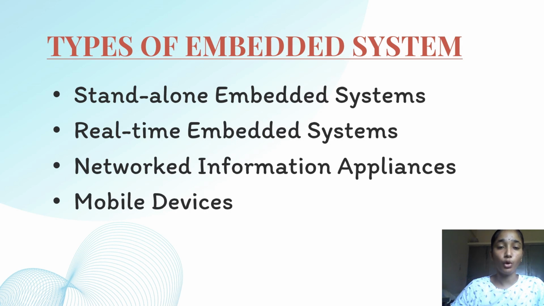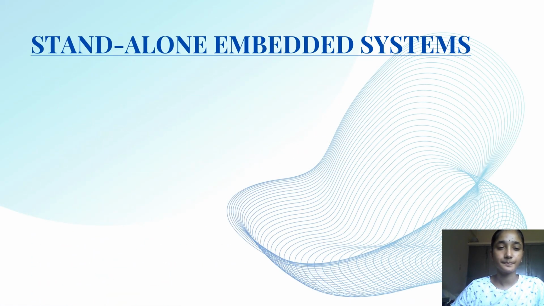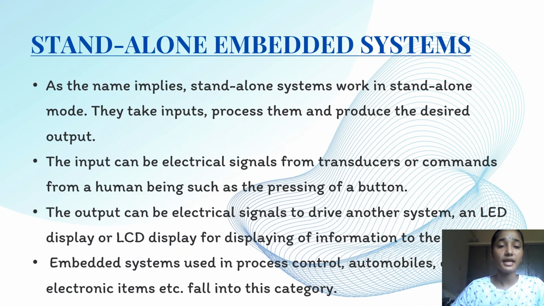First, we move on to standalone embedded systems. As the name implies, standalone systems work in a standalone mode. That means they take inputs, process them and produce the desired output.